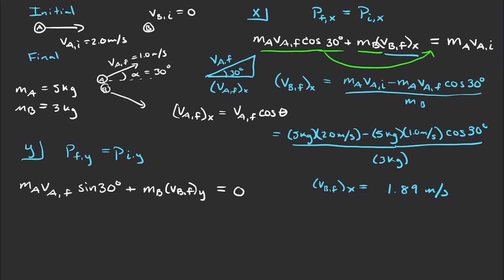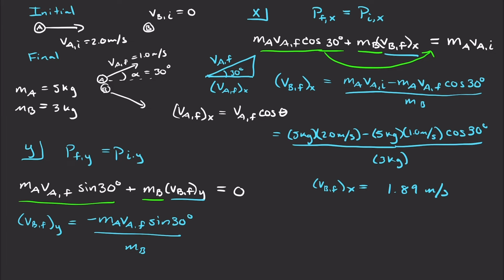Okay, so now I need to solve for VBFY. So I'm going to move this over and divide by this just like I did before. And so I get VBFY is equal to minus mA VAF sine 30 divided by mB.